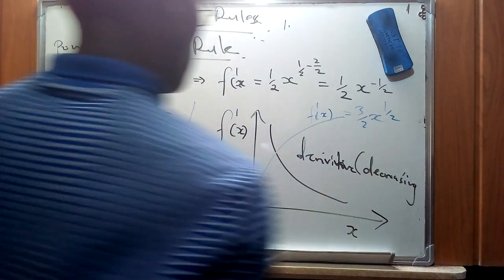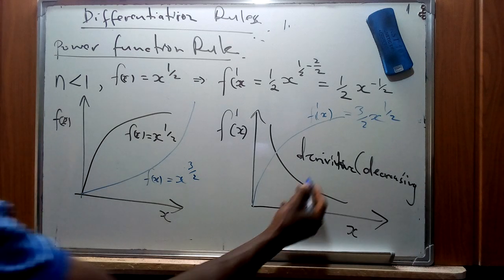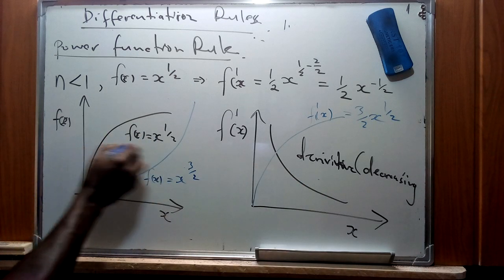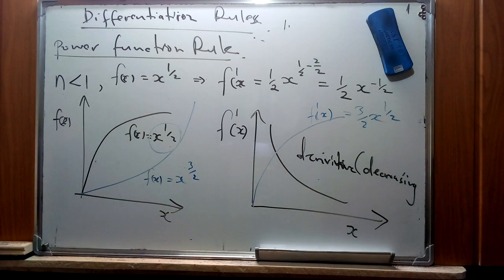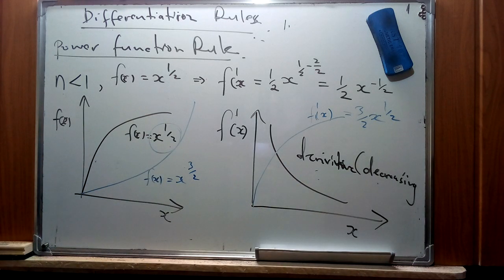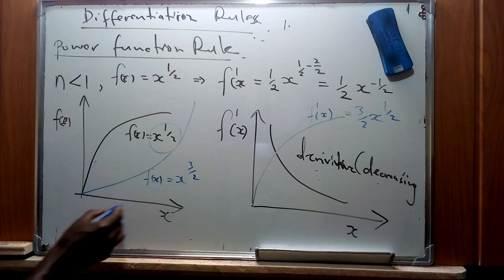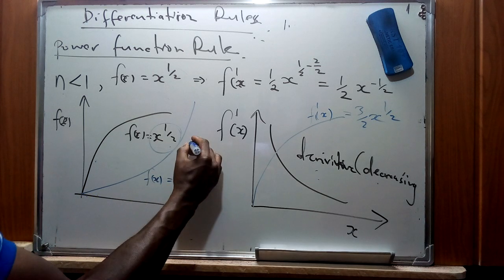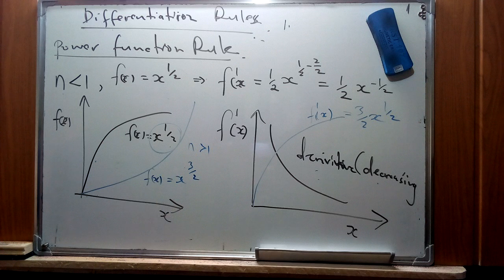So this gives the difference between an increasing and a decreasing function. The one in black, the derivative of the function where n is smaller than 1, is going to be decreasing. And for f of x in the blue representation, this is where n was greater than 1.